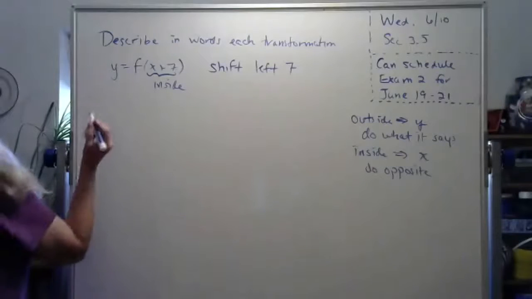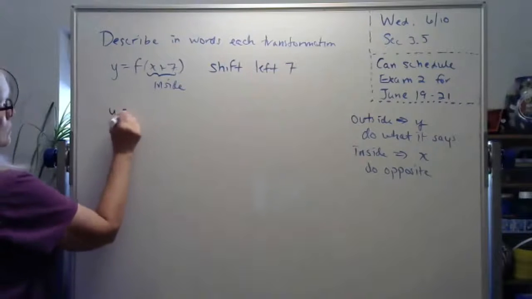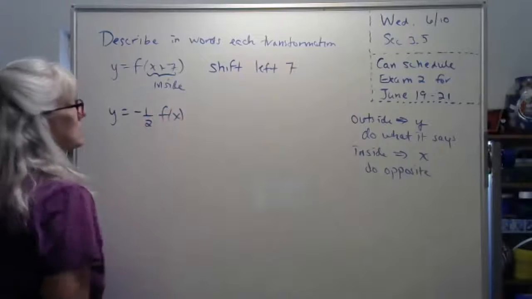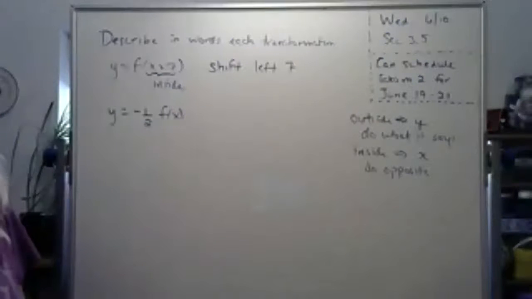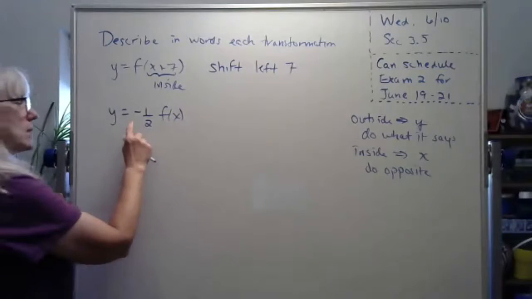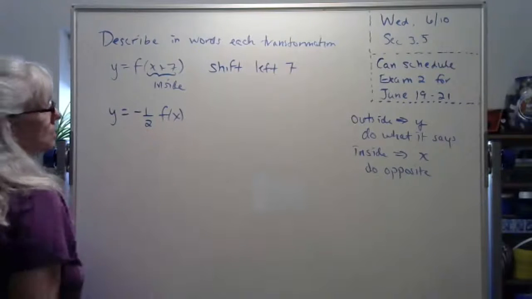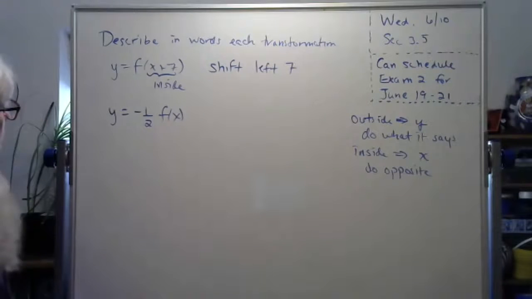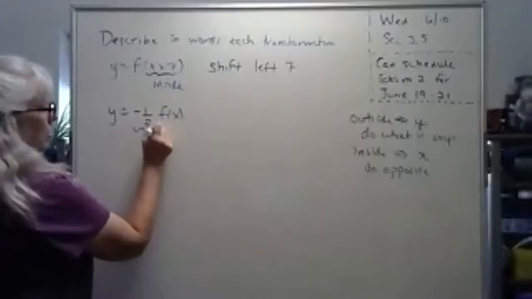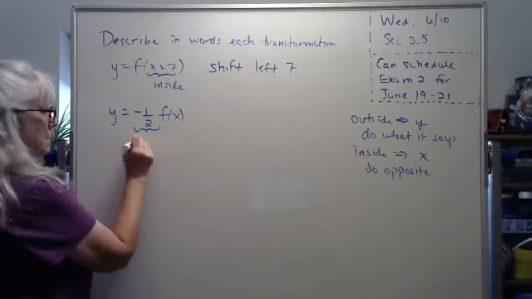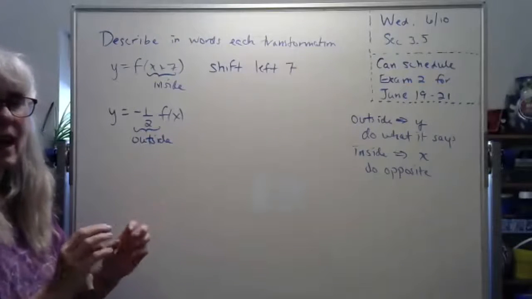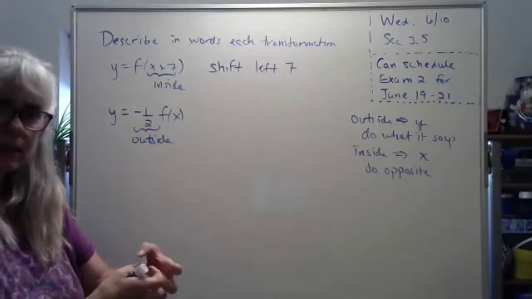Okay, what if we have y equals -1/2 f of x? Again, I don't know what the toolbox function is. I just know that I need to take -1/2 times that toolbox function. So is that -1/2 inside or outside? Outside. Yep, exactly, because it appears in front of the f and it's not inside the parentheses next to the x.